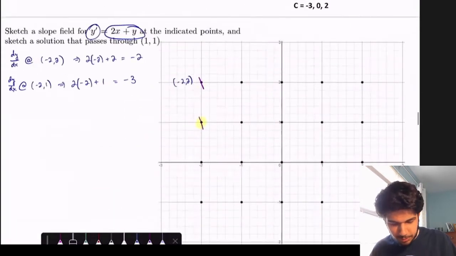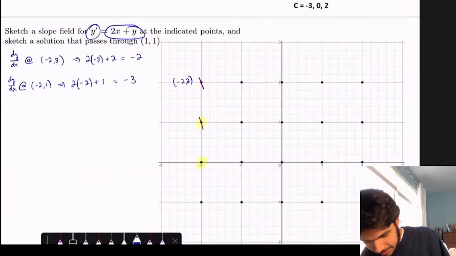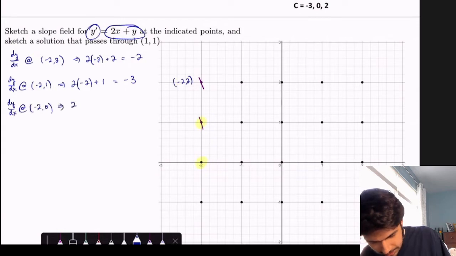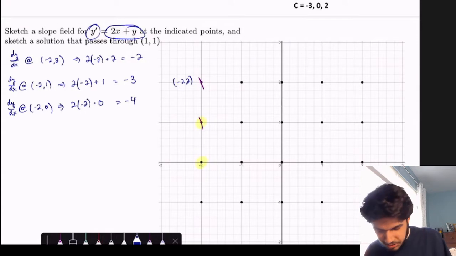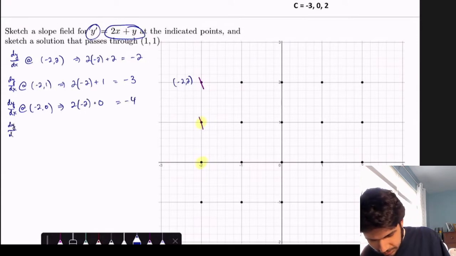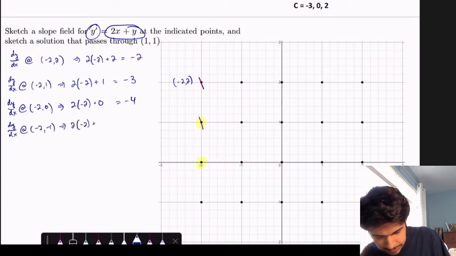Okay, let's do the next point, (-2, 0). So dy/dx at (-2, 0) goes to 2 times negative 2 plus 0, which is equal to negative 4. And I'll do the one right below that as well. So dy/dx at (-2, -1). That's 2 times negative 2 plus negative 1 equals negative 5.